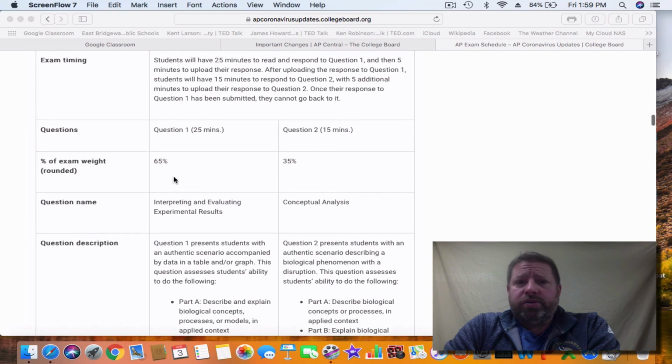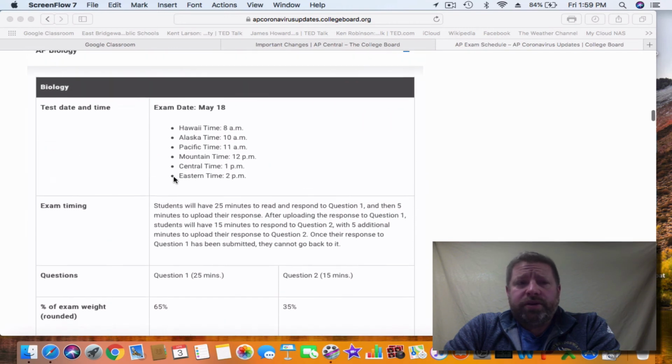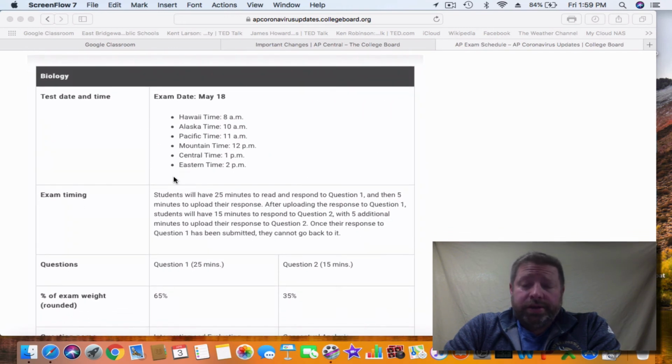A couple other things too. Test security. One of the things that they're concerned about is people cheating. I sat through a seminar last night and they explained, not completely, but they gave some hints to how they'll be able to tell. One of the things they really want people to avoid is looking answers up online. You probably won't be able to with the type of questions they're asking you. You really won't have time to look up concepts. They're going to look at stylistic of writing.